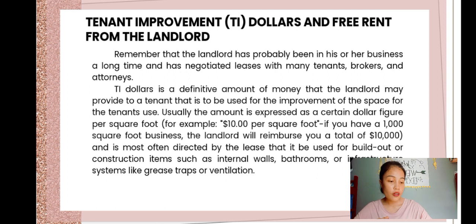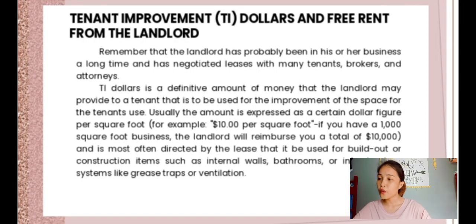If you have a 1,000 square foot business, then the landlord will reimburse you a total of $10,000, and it is most often directed by the lease that it be used for build out or construction items such as internal walls, bathrooms, or infrastructure systems like grease traps and ventilation.